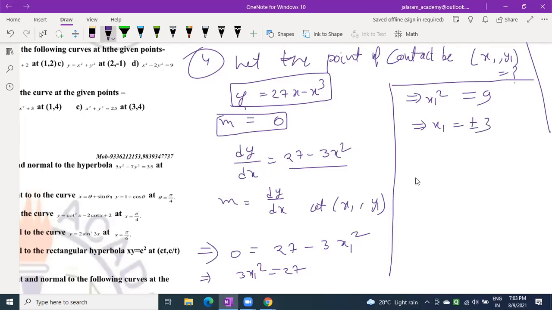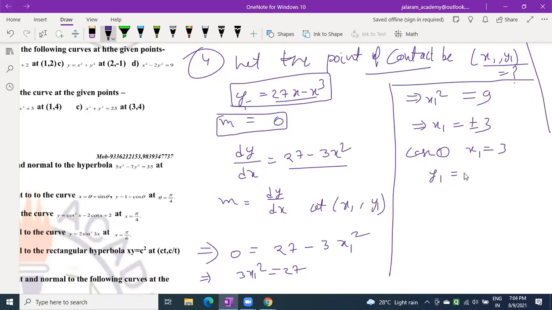So two cases do arise. Case 1, when x equals 3, we are getting y1. In place of y, we will write y1, as we have assumed that the point of contact is (x1, y1). It will satisfy the equation of the curve also, as the point of contact always lies on the curve.